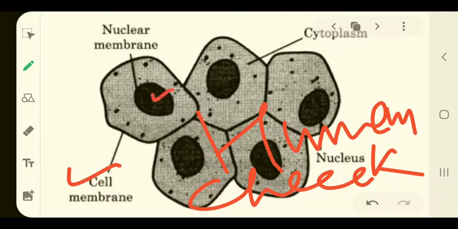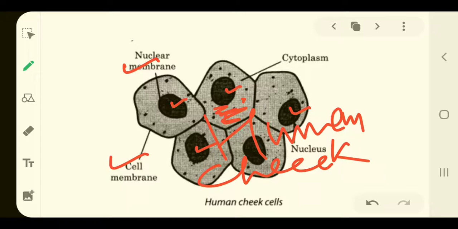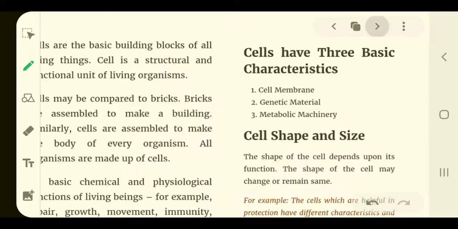Then the dark body here is called the nucleus, and it is bounded by the nuclear membrane. Then this whole grayish body inside is called cytoplasm. This is a very primitive structure that gives you some idea of what we are now going to study.